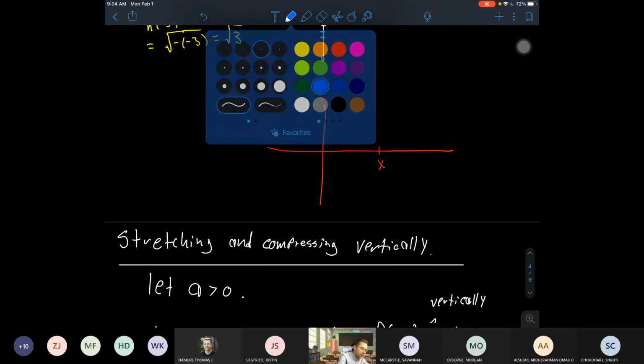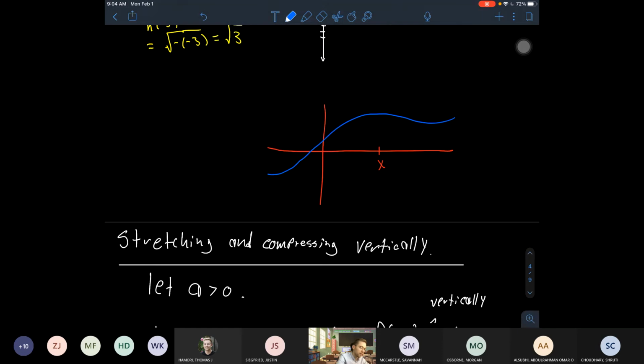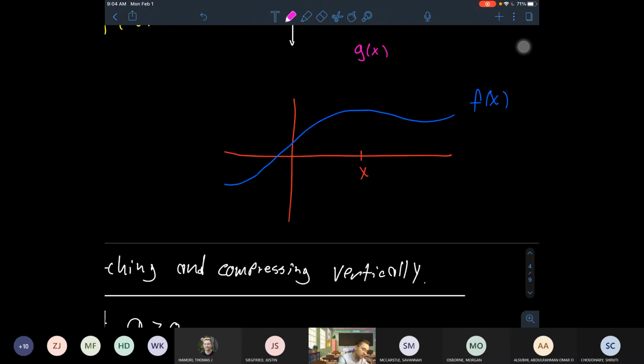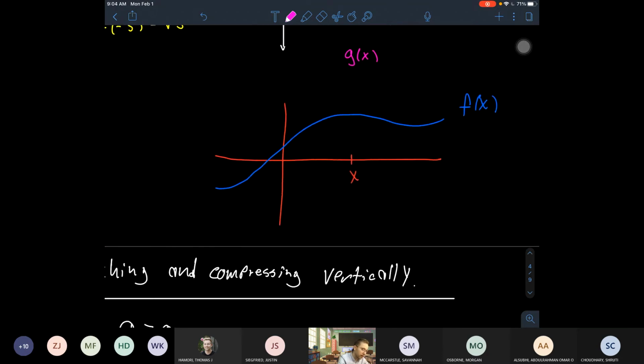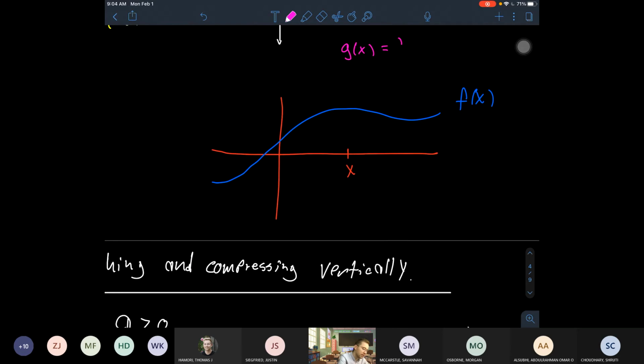So if I want to draw g, say I have f here. f looks like, I don't know, this. If I want to graph where the height of g of x is, and g of x is equal to f of -x, I want to find out the height of g of x at this point x. So how far up and down this x value, how high should the function be?